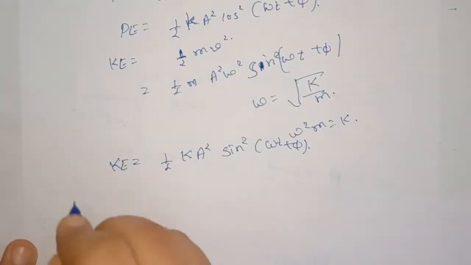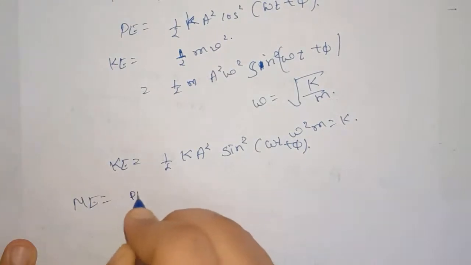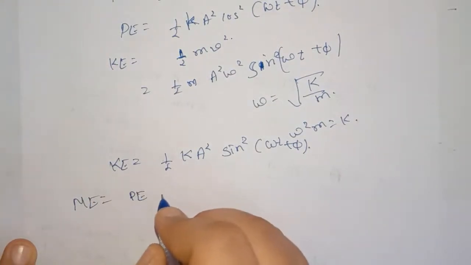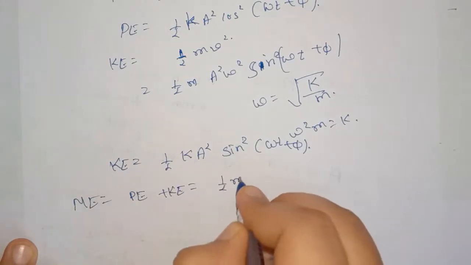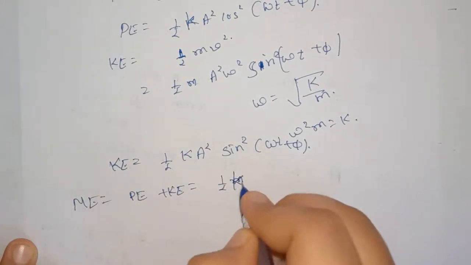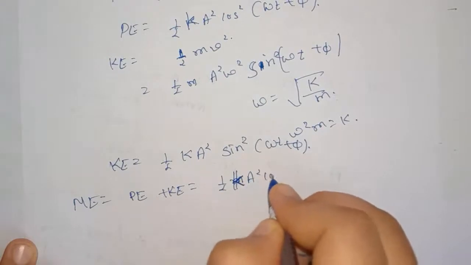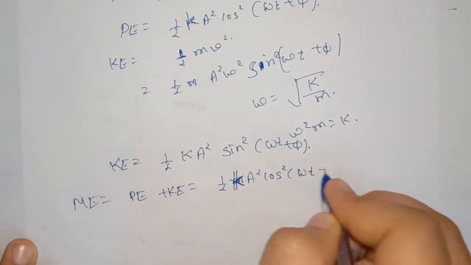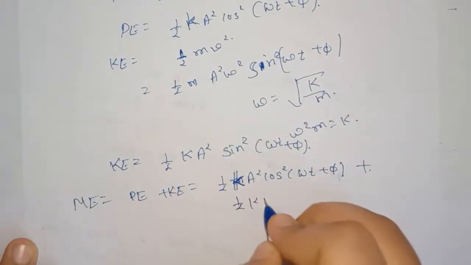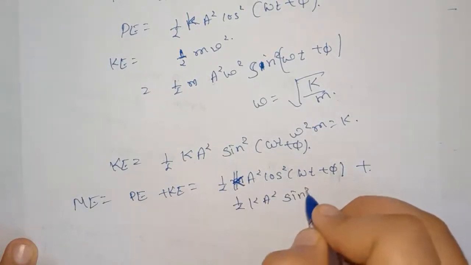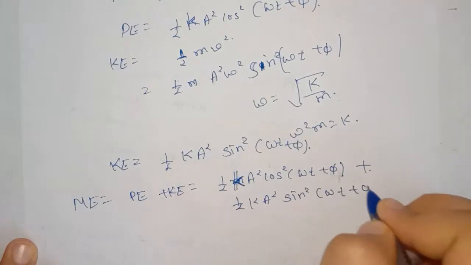So the total mechanical energy will be potential energy plus kinetic energy, that is half ka square cos square omega t plus phi plus half ka square sine square omega t plus phi.